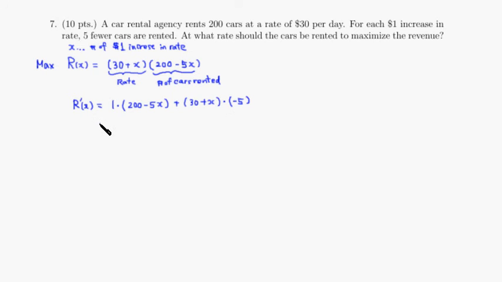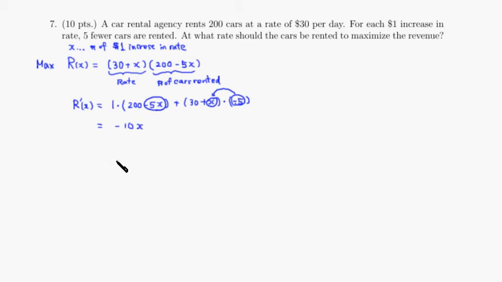So you have a -5 multiplied by x, so -5x. So it's going to be negative 10x.